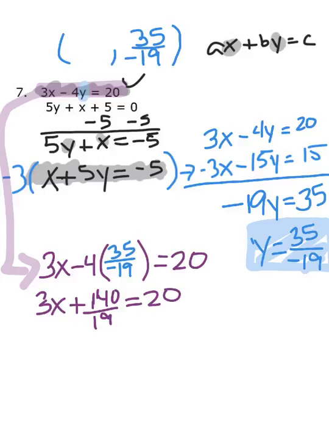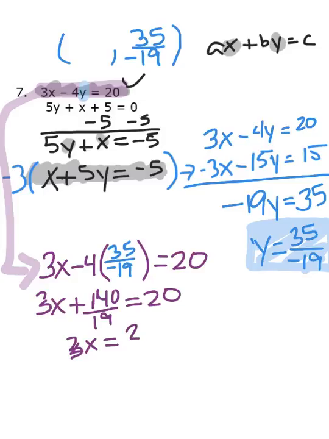Our next step is to subtract that 140 over 19 from both sides. So the 3x is going to stay. Once again, using the calculator, it's going to be 20 minus 140 over 19, or if you put it in the form of a decimal, that works.